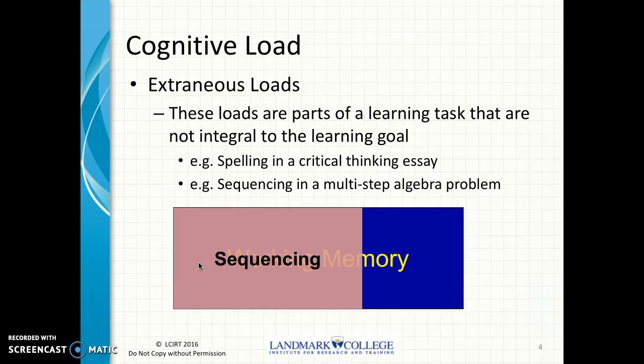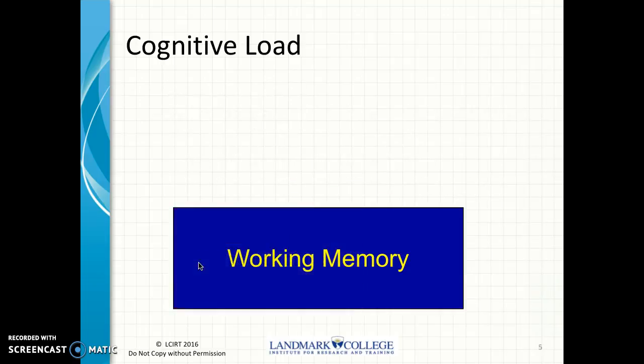We certainly want a student to be able to appropriately sequence things as they solve the problem, but what we really are getting at with that problem is helping them think algebraically. Another example might be language processing in a word problem. Those are extraneous loads. They're not core elements of the learning task.